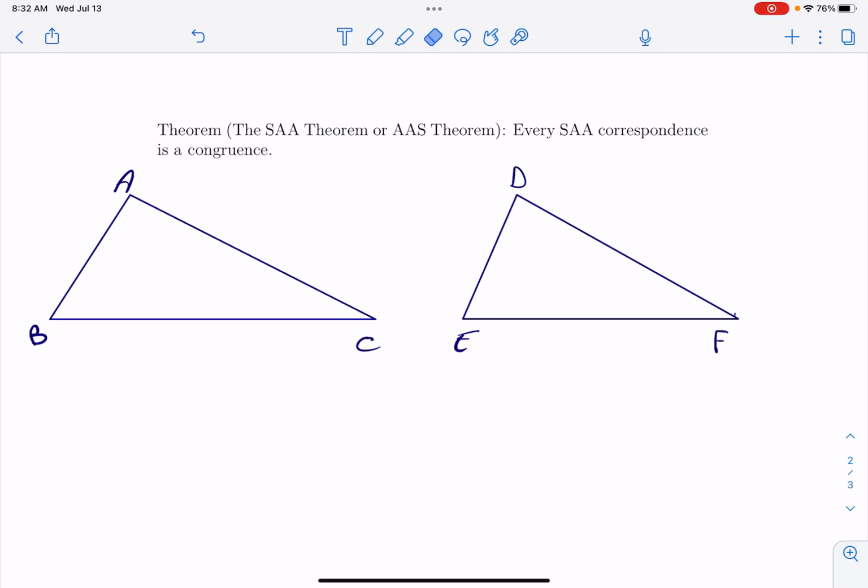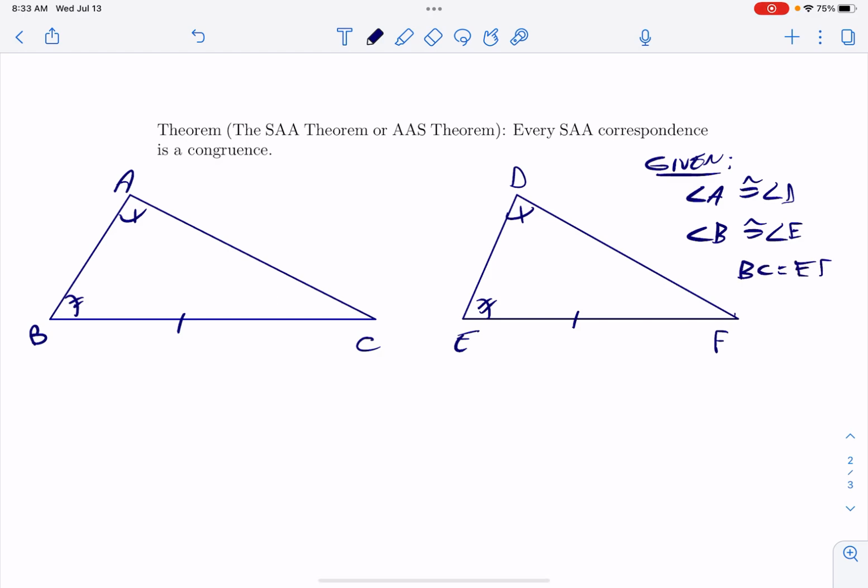Our givens are that angle A is congruent to angle D, angle B is congruent to angle E, and that BC equals EF.